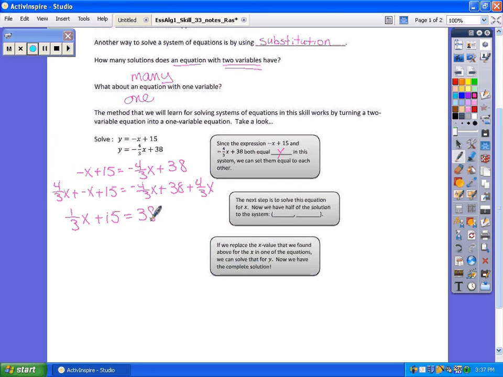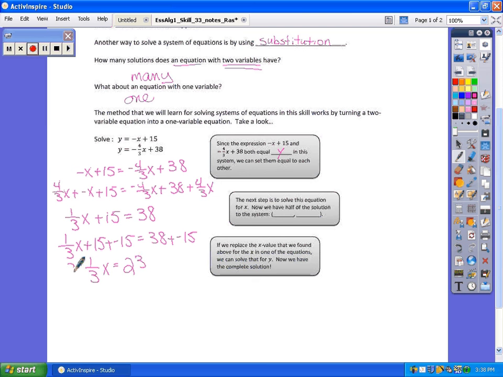So I continue to solve. So I'm going to add a negative 15 to both sides. I get 1/3 x equals 23.